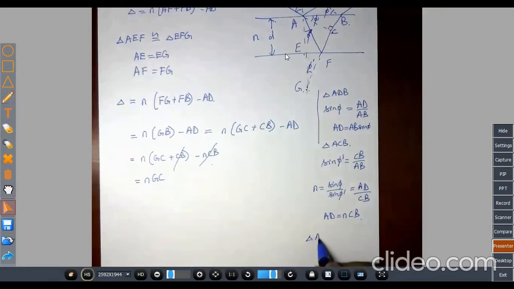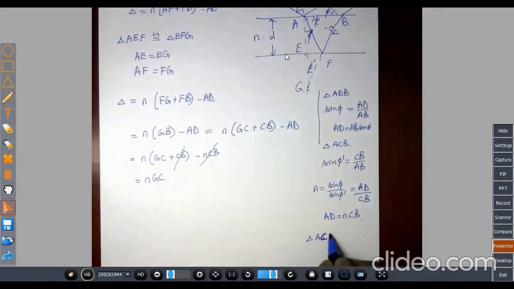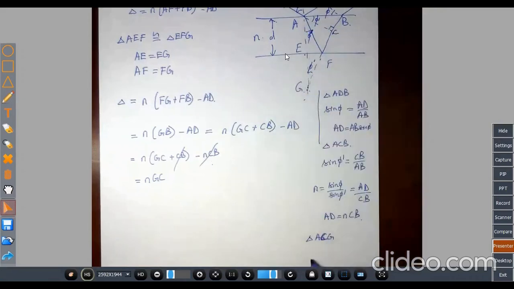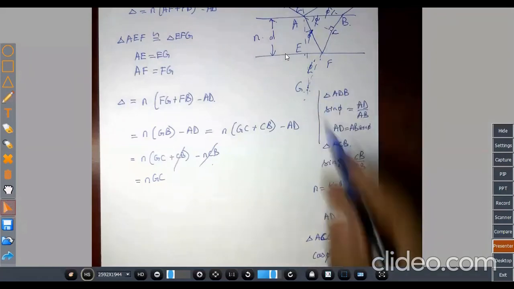Now let us consider this triangle ACG. Here the cos of phi dash will be equal to GC upon AG.